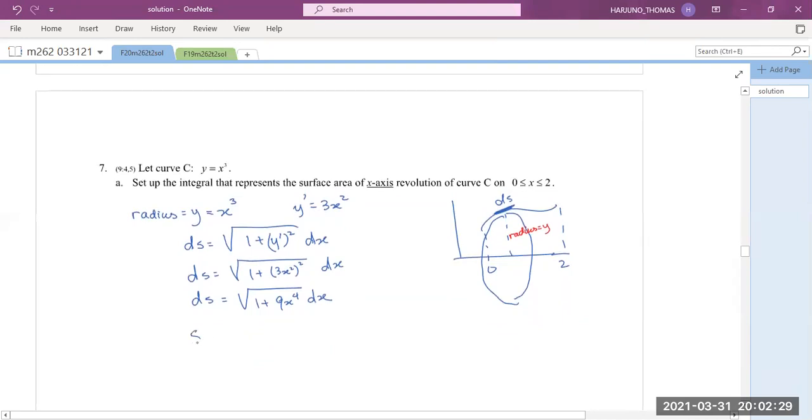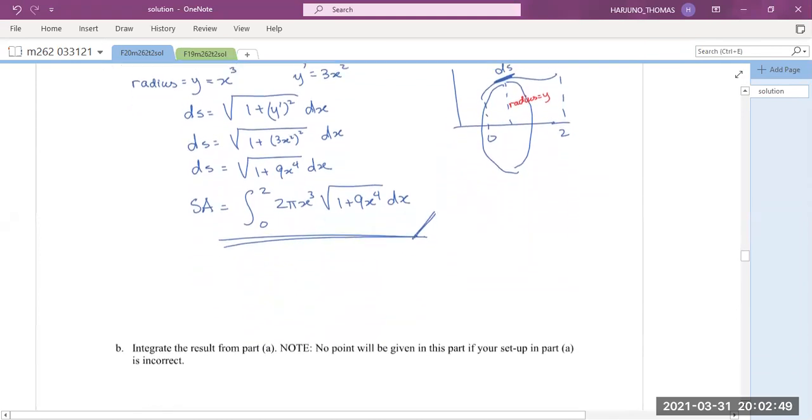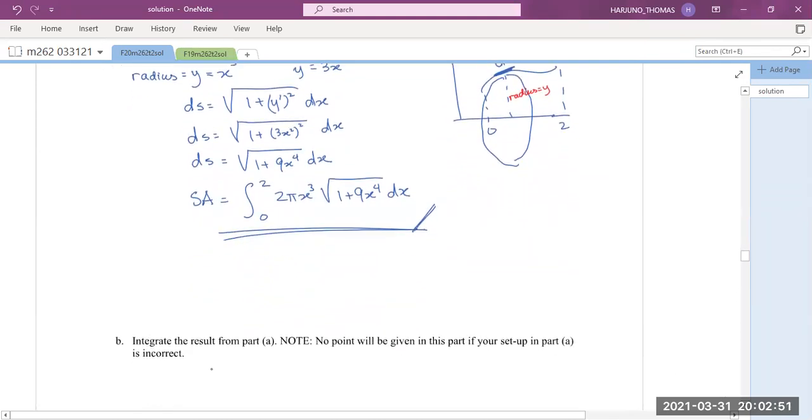So the surface area is the integral from 0 to 2 of 2 pi radius ds. Now how to integrate that? Surface area equals integral from 0 to 2. I pull the 2 pi out, x cubed square root of 1 plus 9x to the 4th dx.